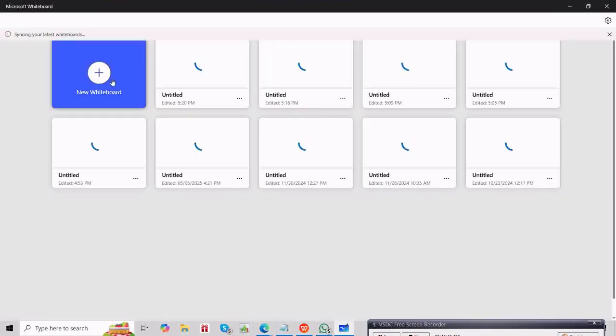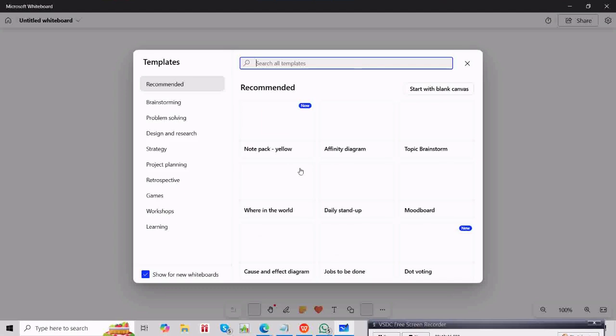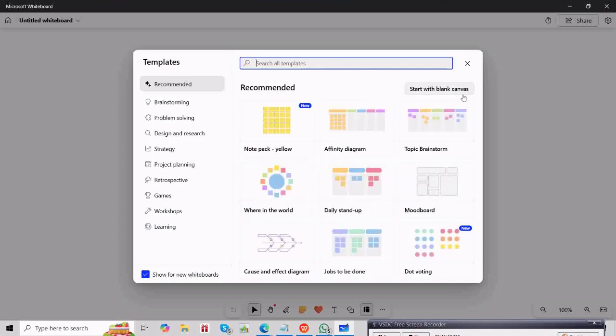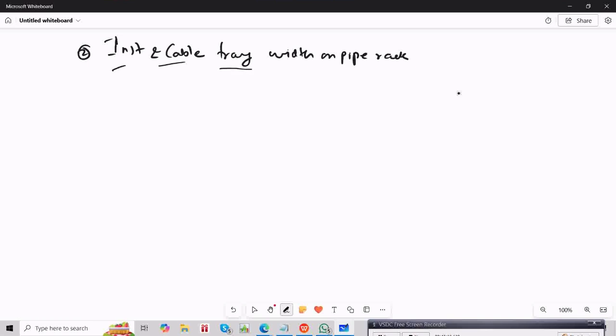Now let's come to the second input to the piping. The second input is called instrument and cable tray width on pipe rack. In the pipe rack, the instrument and electrical guys have to give you the tray width.